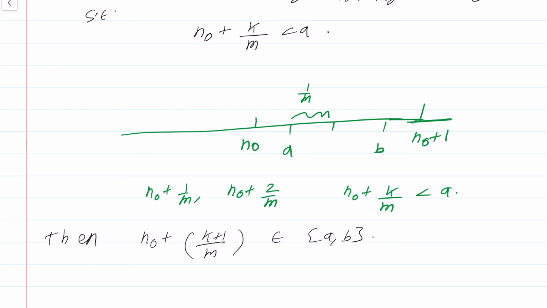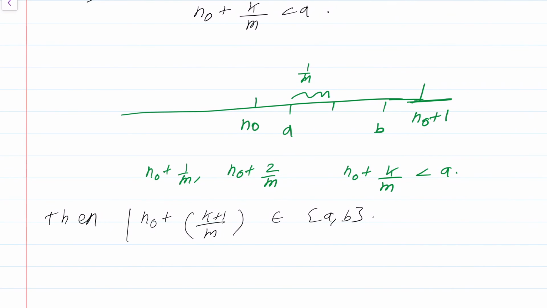Why is this the case? Because n naught plus k by m is less than a, and 1 by m is less than (b minus a) by 2. So adding (b minus a) by 2 to something less than a cannot exceed b, simply because the length of the interval (a, b) is b minus a.